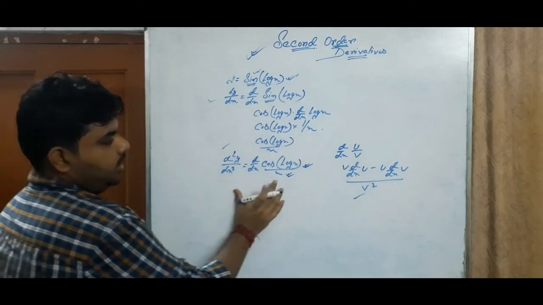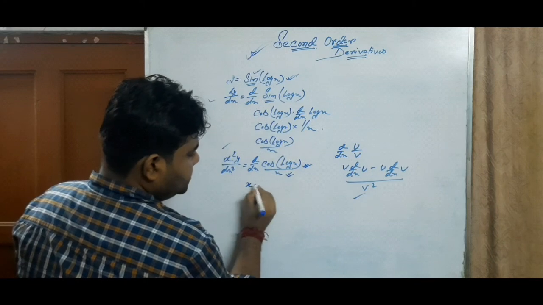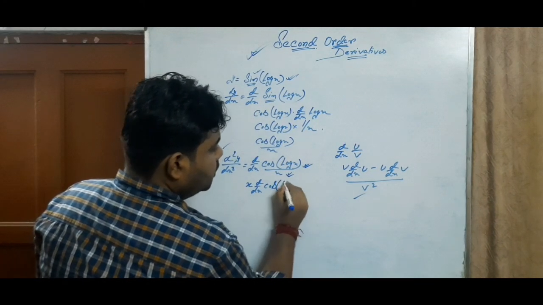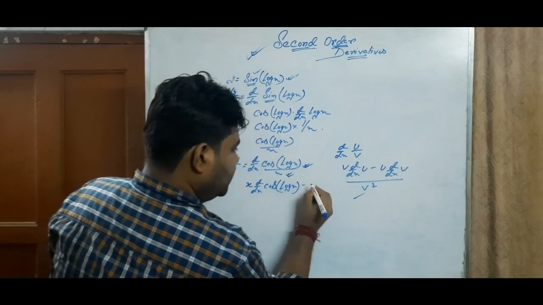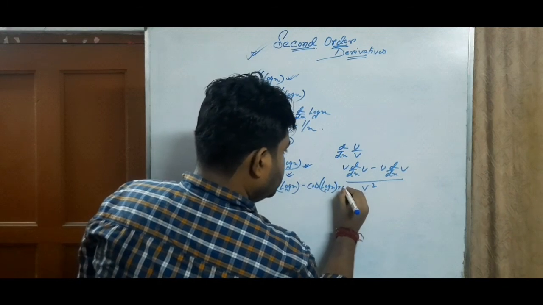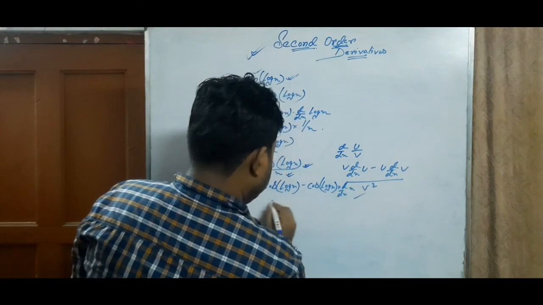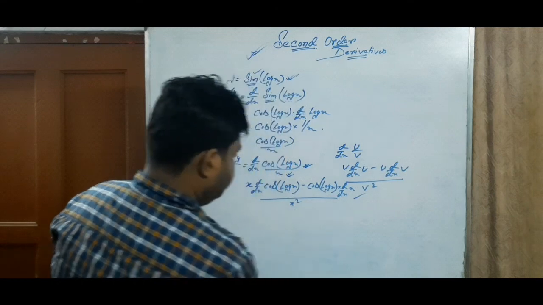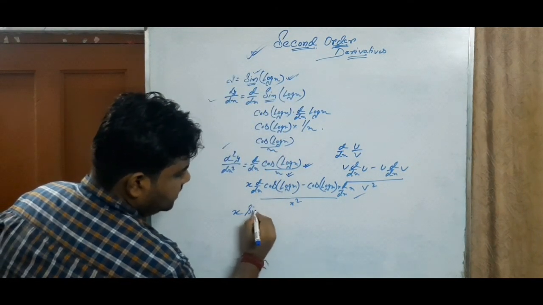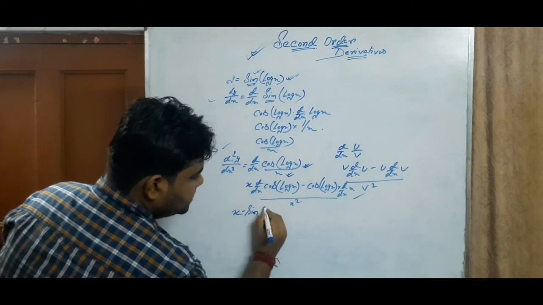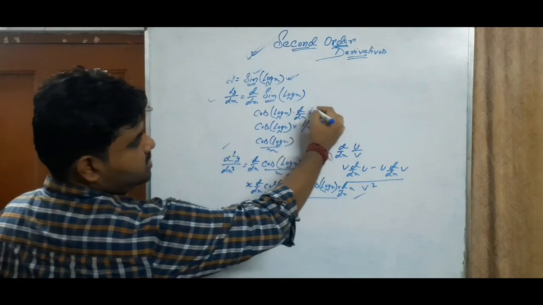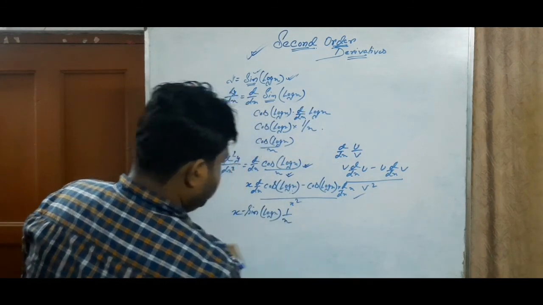Now we will write x d dx of cos log x minus cos log x into d dx of x by x square. Okay, that is x. Cos log x means again that is minus of sin log x into d dx of log x, that is 1 by x.